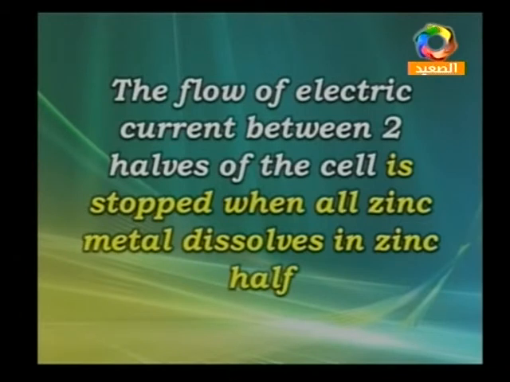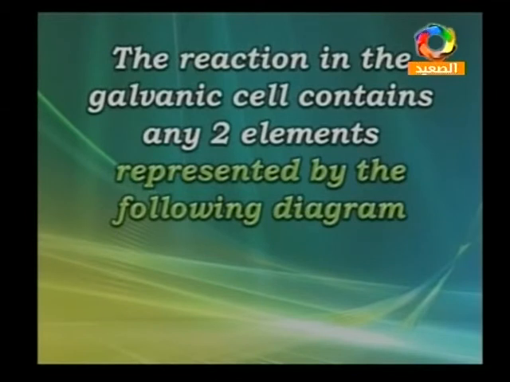So the zinc dissolves in this solution called zinc sulfate. The flow of electric current stops when all the zinc metal dissolves in the zinc half.